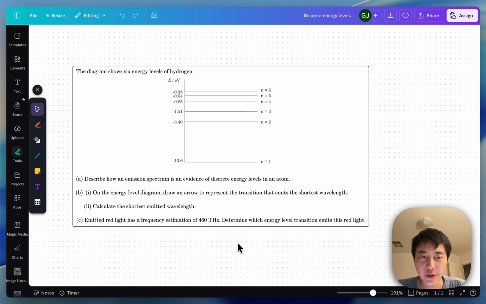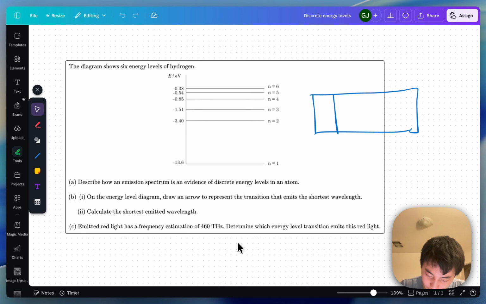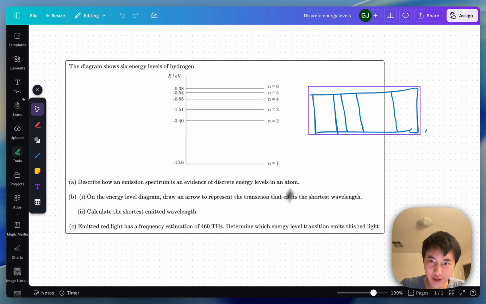Okay, so emission spectrums look something like this. Ignore this and this.